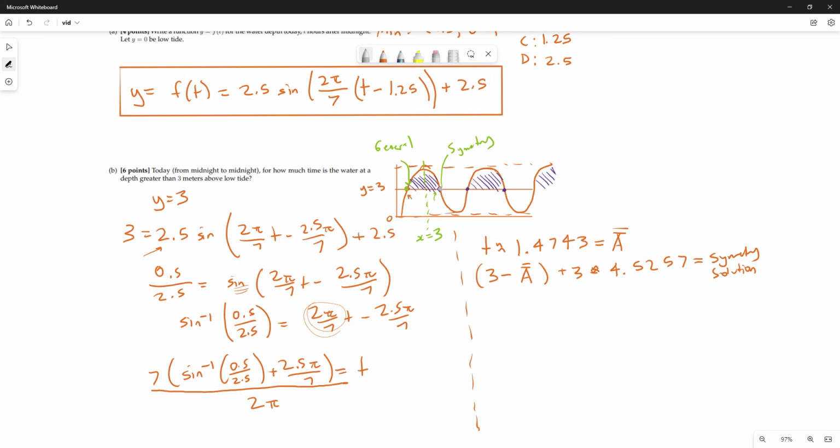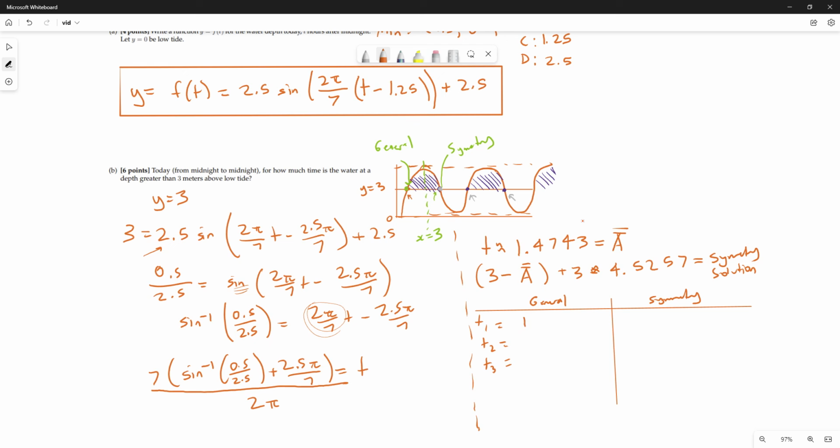Alright, so to find these other points where it intersects the graph, we're going to make a very useful table to help us out. So these t values are from each period where it intersects, and to the left are the general solutions, and to the right are the symmetry solutions.